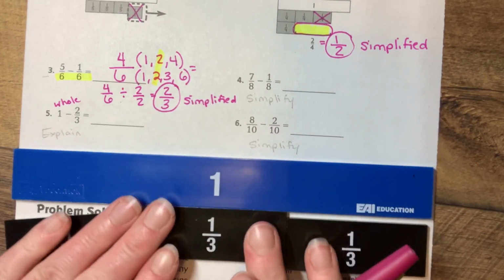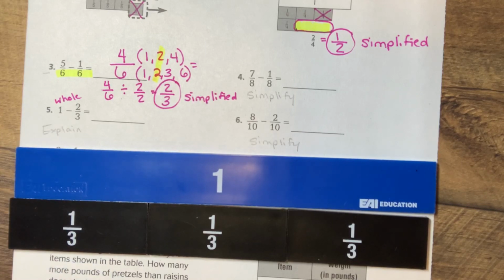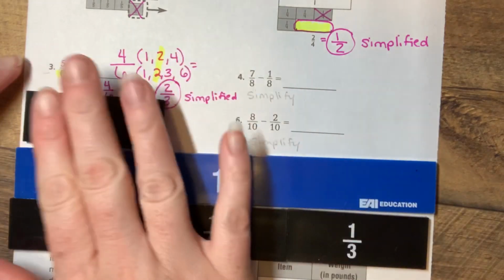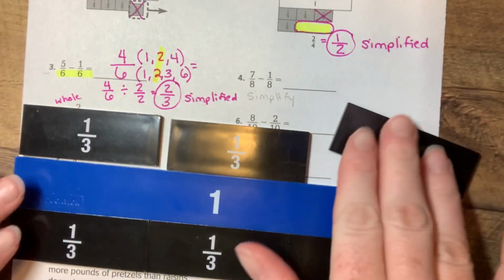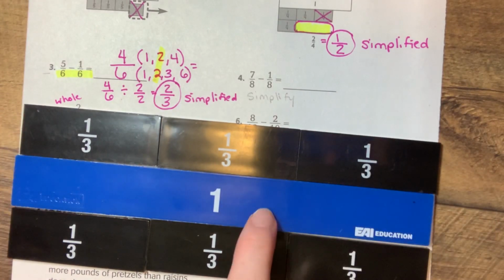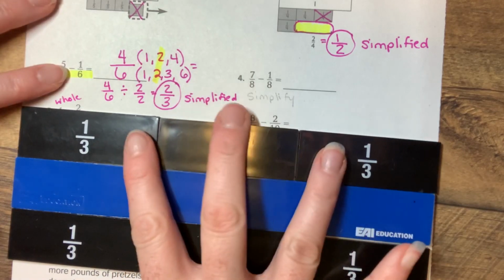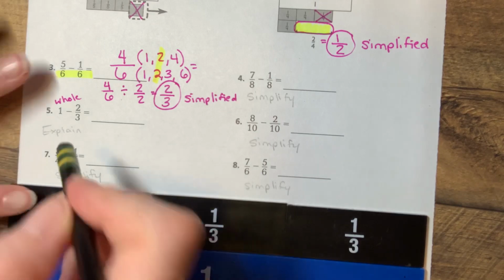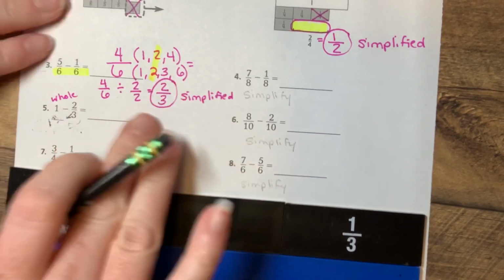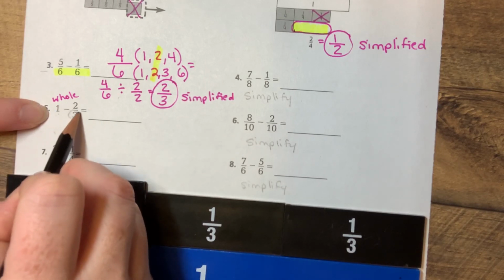So when you think about, anytime you see 1 whole minus something, what your brain really needs to think is, I'm going to change that 1 whole into 3/3. So you need to always change or convert 1 whole into whatever this denominator is.